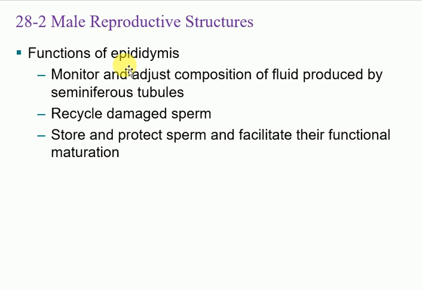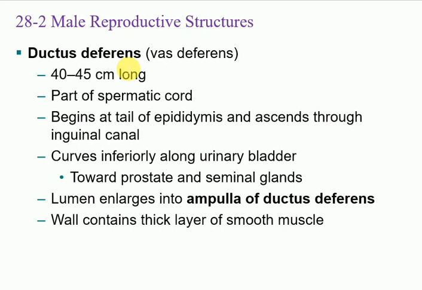They have to move in a fluid. So this fluid carrying them, when it goes to the epididymis, is going to allow the sperms to mature, plus monitoring and adjusting the fluid. And if there are bad sperms, they're going to be recycled as well. So the most important of all is maturation, but also adjusting the composition and recycling damaged sperms.